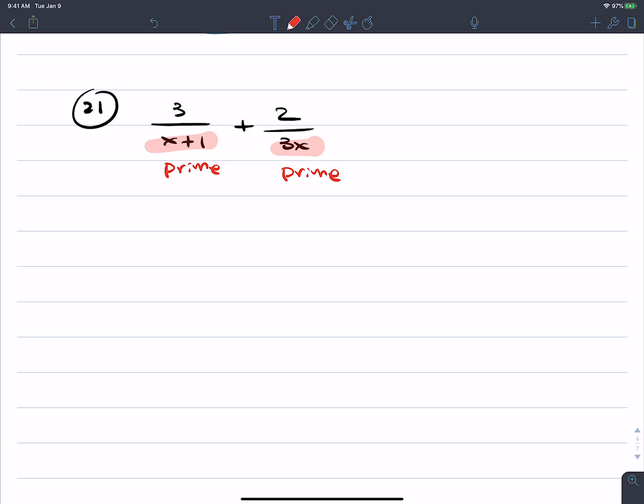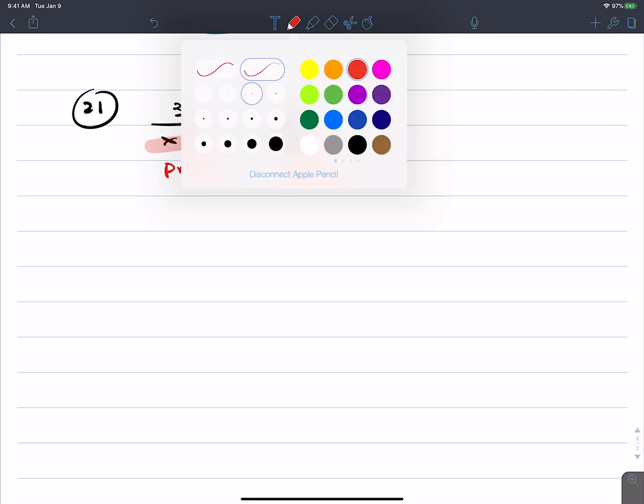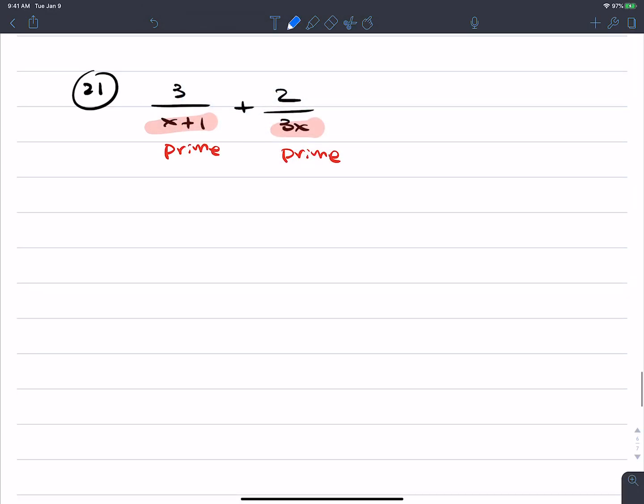Well, we have to find the LCM. So what we did before, if you guys want to double check, we had to find the LCM of the numbers separate from the letters. So let's go back and consider that, since we need the LCM of x plus 1 and 3x here, like what was done in the past homework.